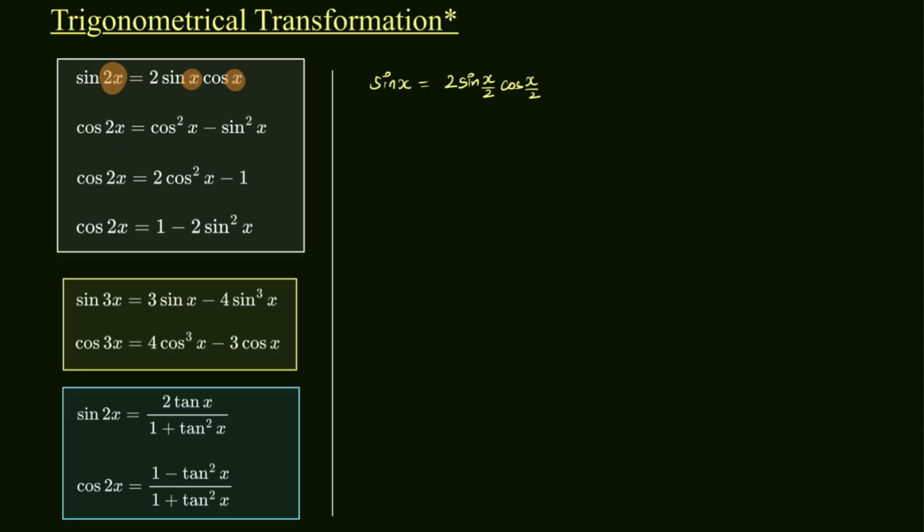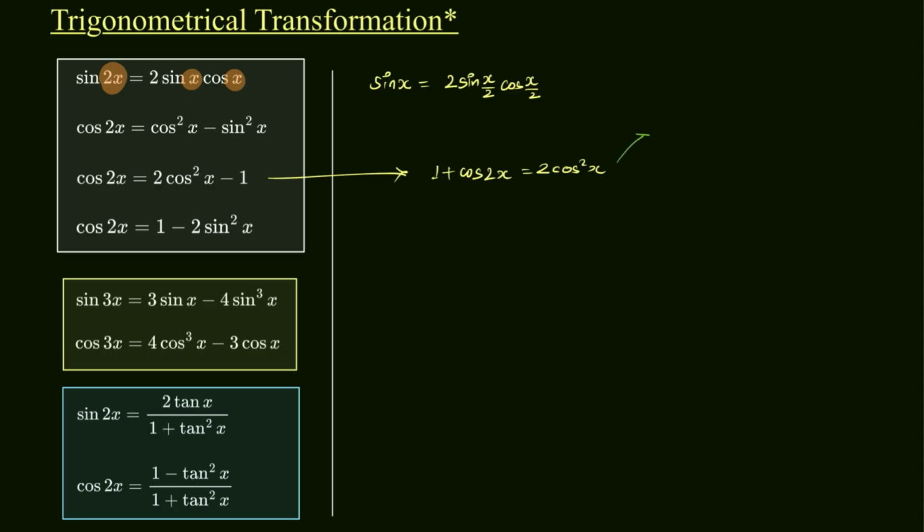In number 2, we can see that cos 2x equals cos²x minus sin²x. And we have a few formulas for cos 2x, that is, cos 2x can be written as 2cos²x minus 1. So from here, I can write 1 plus cos 2x equals 2cos²x.